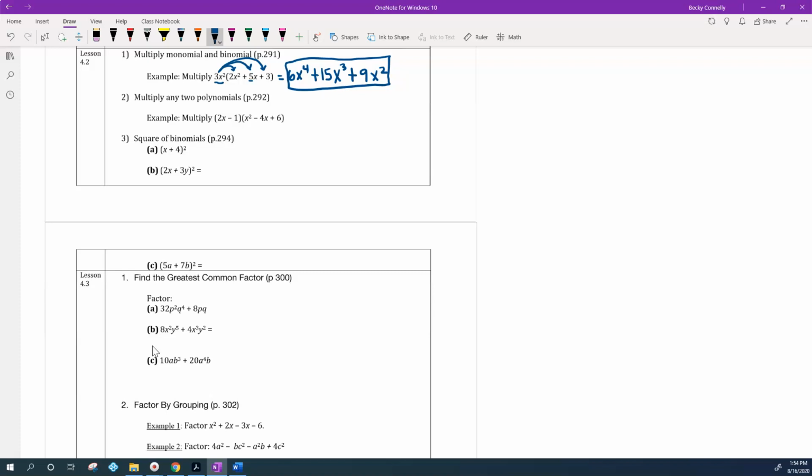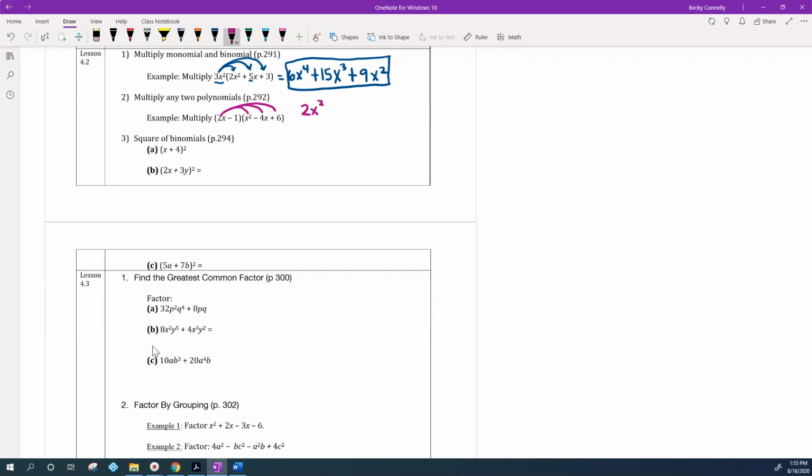Now we have a binomial being multiplied by a trinomial. And again, it's still the distributive property that we're doing on this. Okay, and so I'm first going to distribute my 2x through to everybody. All right, and I'm going to write that over here to the side. So 2x times x squared is 2x to the 3rd.